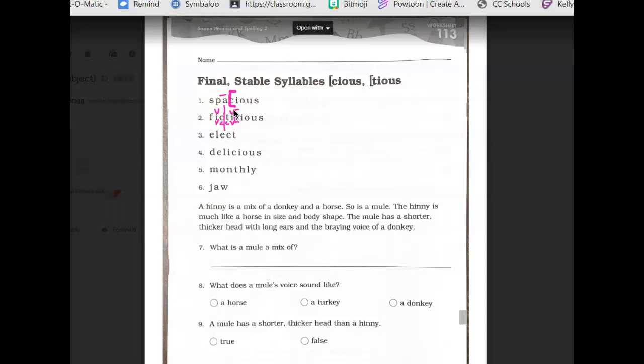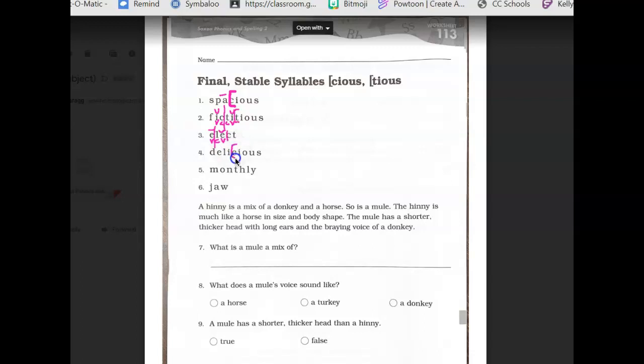All right, next word, number 3, elect. So we have a vowel, consonant, vowel pattern. So we're going to divide between the first vowel and consonant there. We have a long E, a short E, and we have a K sound. So we're going to do a K back on that C. Next, we have delicious.